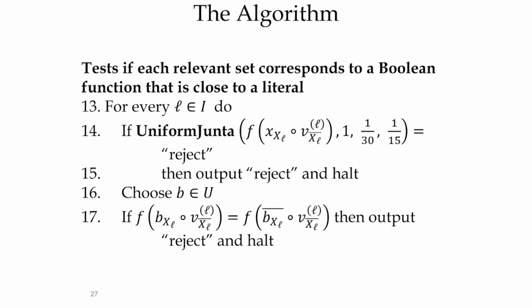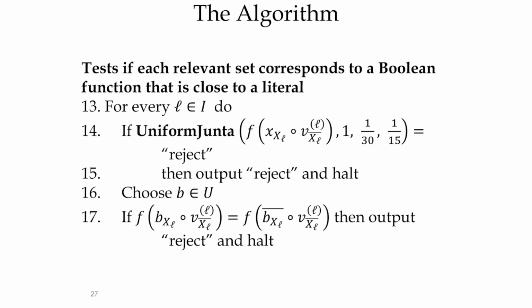In the next stage of the algorithm, we will use this algorithm here with k equal 1 to check if our function behaves like a one junta in each individual relevant section. Now we want to go over and check how our function behaves in each relevant set. We want it to be close to a literal, meaning being dependent only on one variable.